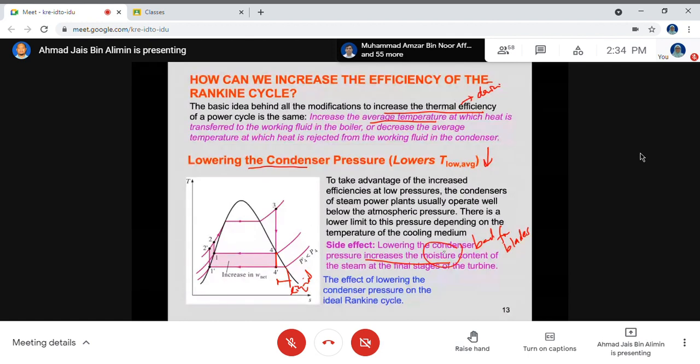Okay, so you can answer what are the limitations on lowering the condenser pressure. The limitation is that lowering the condenser pressure will increase the moisture, and the presence of moisture will affect the blades operation and integrity. Okay, blade tu akan cepat terhakis dan cepat rosak lah, turbine.